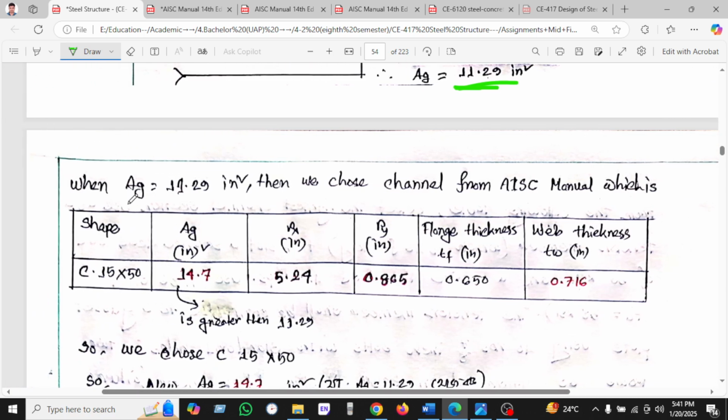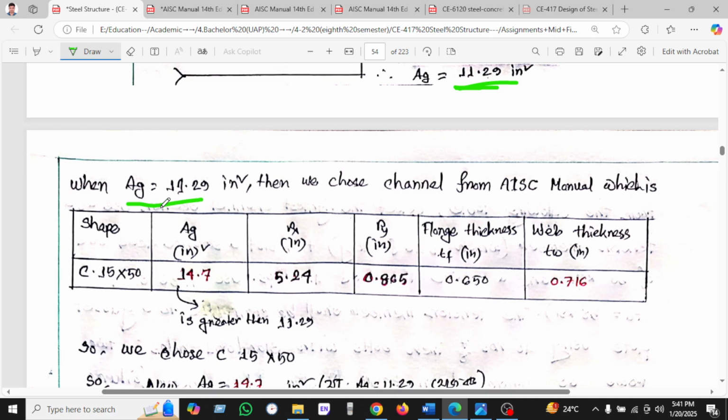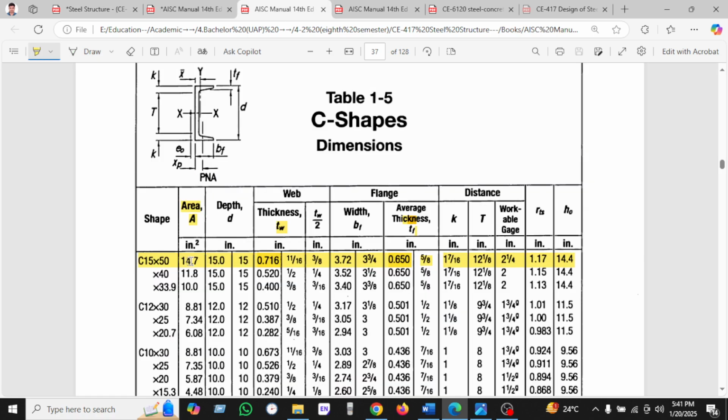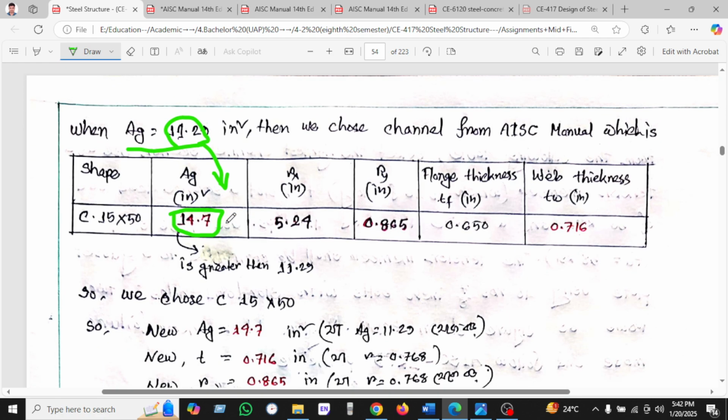So when we take the AG value, which is 11.29, then we will select the channel. So we will go to the AISC manual, which is here. So we are taking 11.29, we are taking the bigger value, which is 14.7. So we are choosing 14.7, as this is the bigger value of AG.